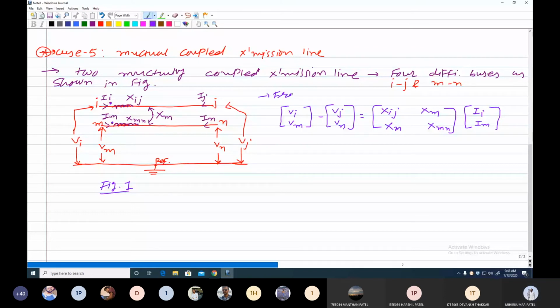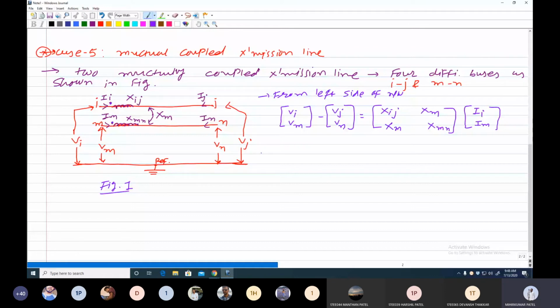From the left side of the network, you can write Vi minus Vj is equal to Xij into Ii plus Xm into Im.